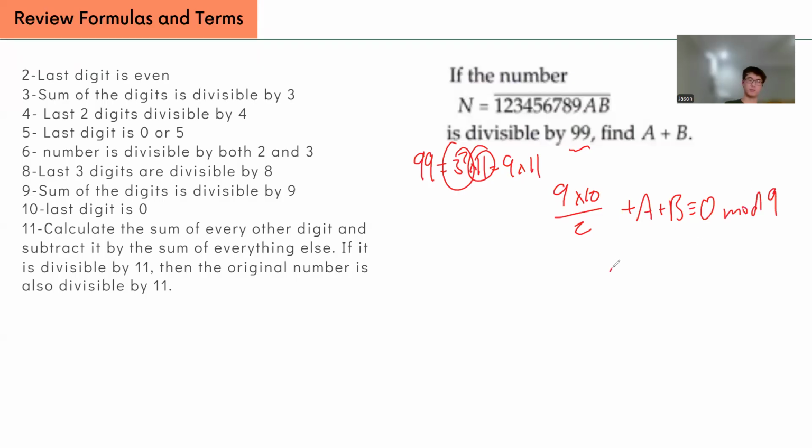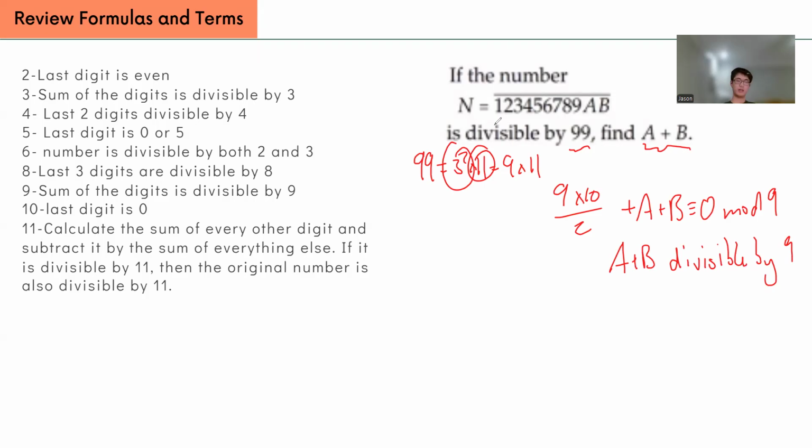That just means that A plus B is divisible by 9, since 9 times 10 over 2 is 0 mod 9. So immediately, since you're asked to find A plus B, your answer should be either 0, 9, or 18, because those are the only three sums of two digits that make a multiple of 9. So that is one way you could try.